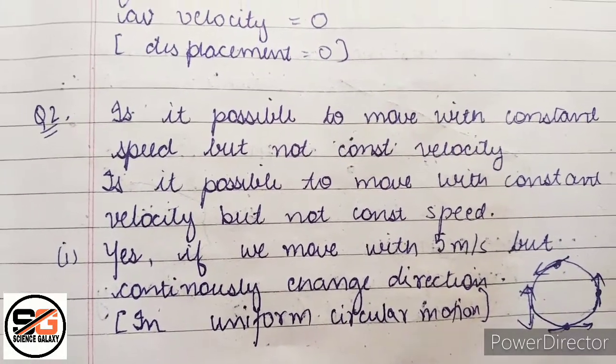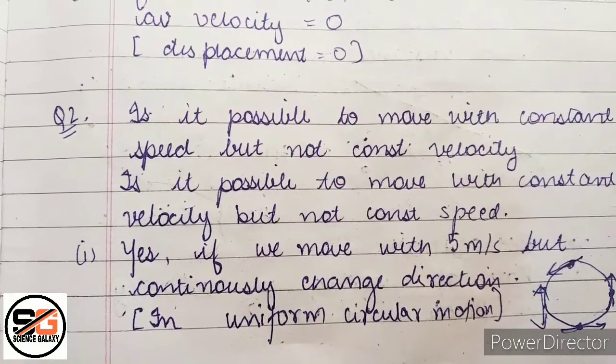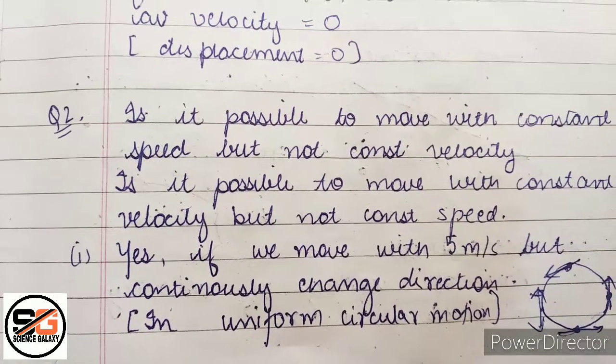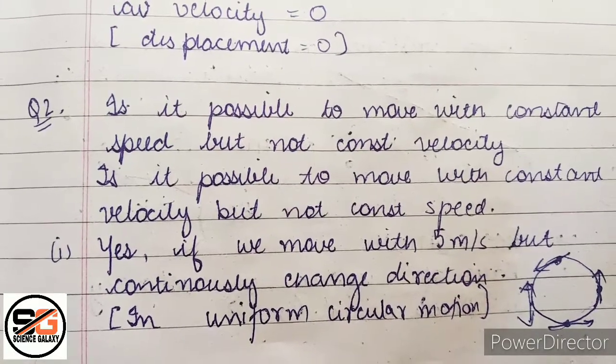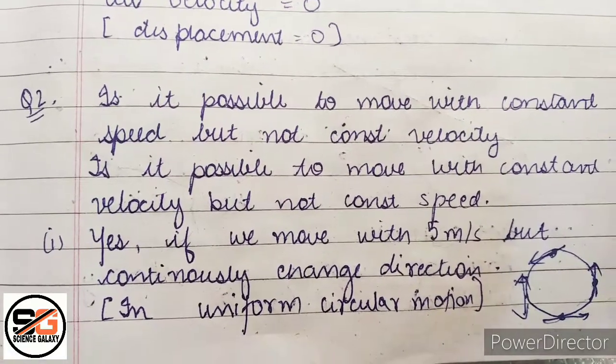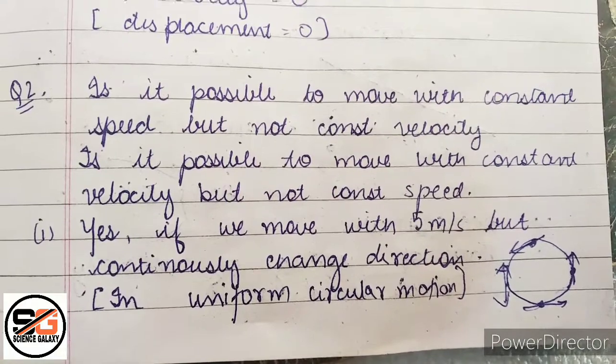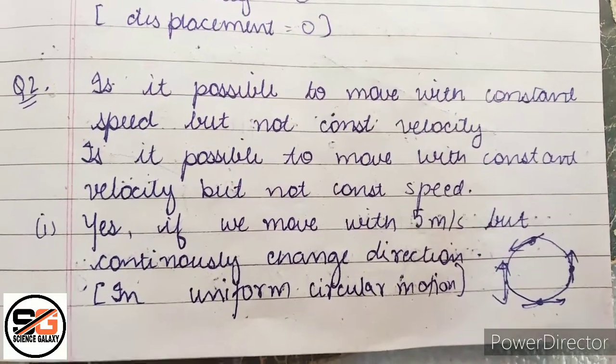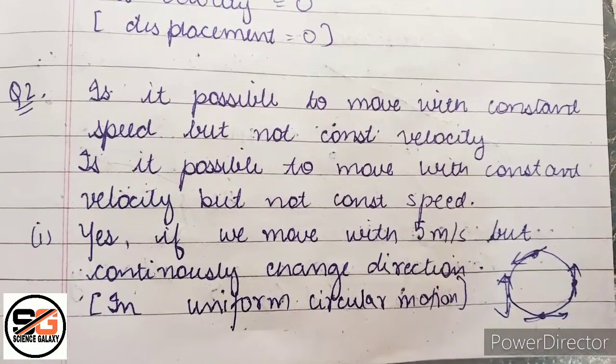So speed is constant, that is 5 meter per second. Its magnitude is constant, but I am changing my direction. If I change my direction, the velocity also changes.